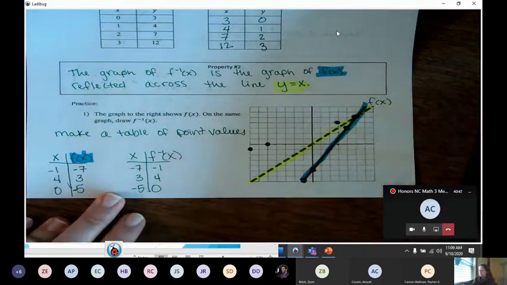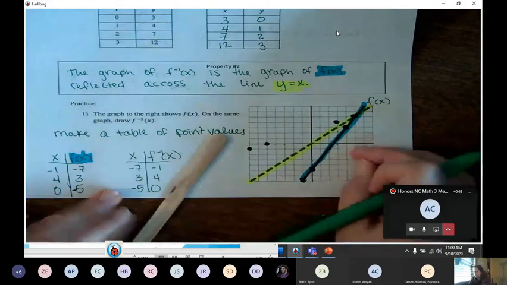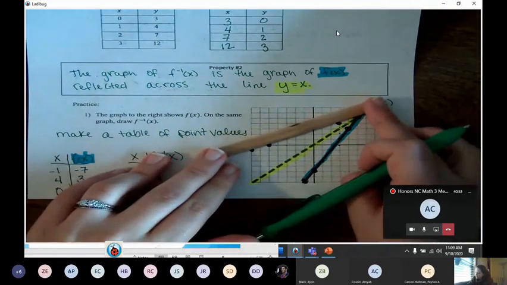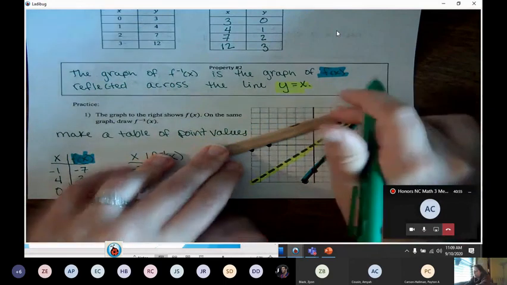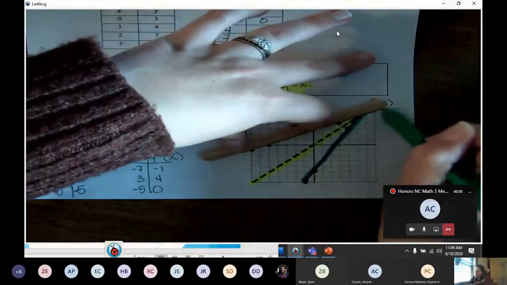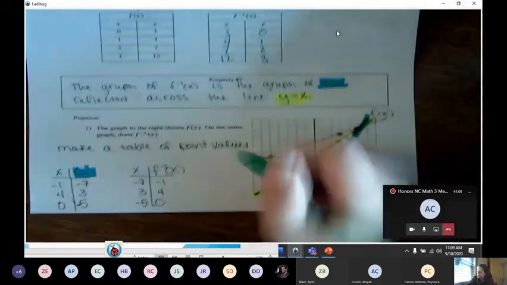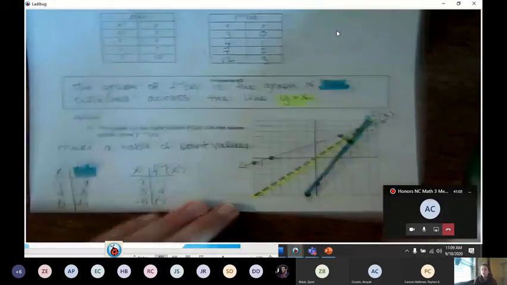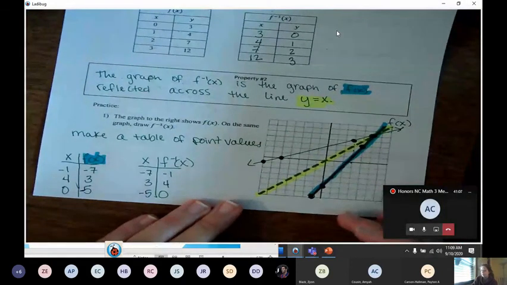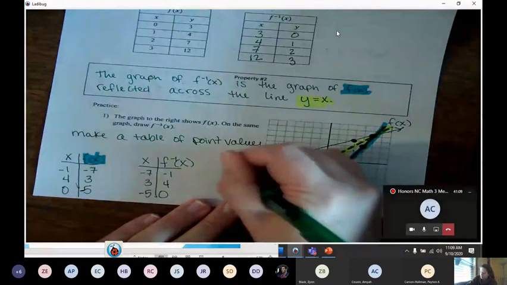Now I just take some sort of straight edge, using one of your popsicle sticks, and draw my line through those points. If you have a non-linear function, you won't use a straight edge, obviously, but you can estimate between the point values that you have. So that one is my f inverse of x function.